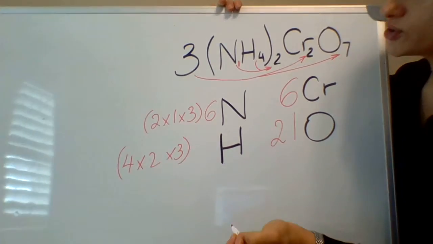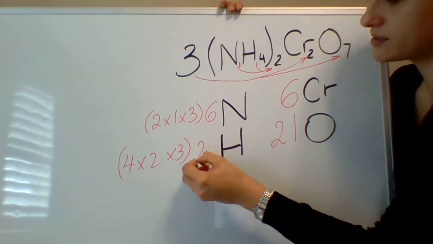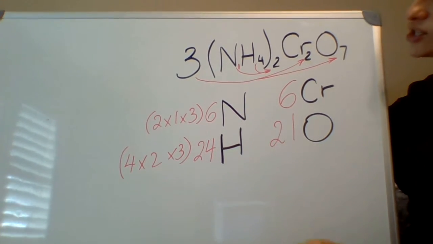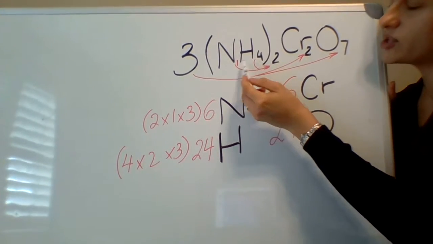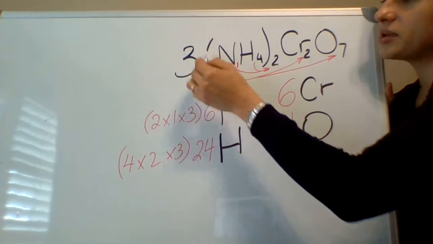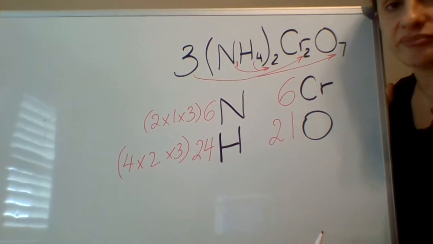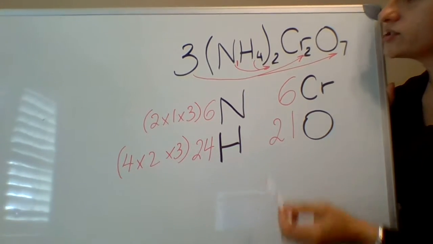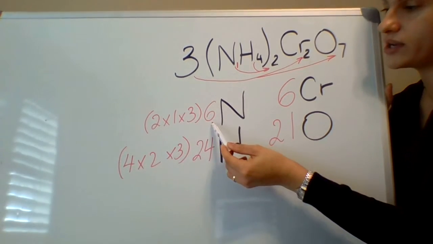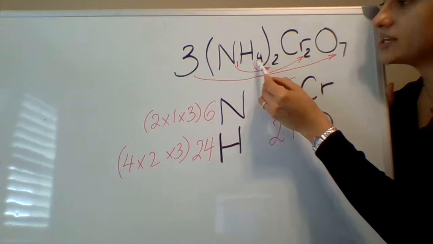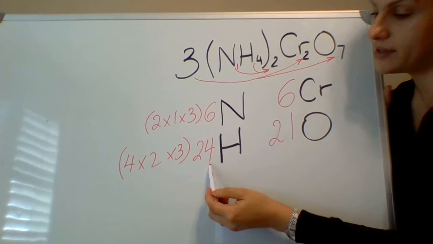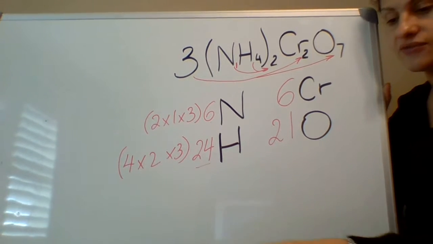So that gives you 24 hydrogen. Okay, so you always should do inside the parentheses first, do that multiplication, then multiply it by the 3. Okay, so each compound has 2 nitrogen, but you have 3 of them. That's why you have 6 nitrogen. Each compound here has 8 hydrogen, but you have 3 of them. That's why you have 24.